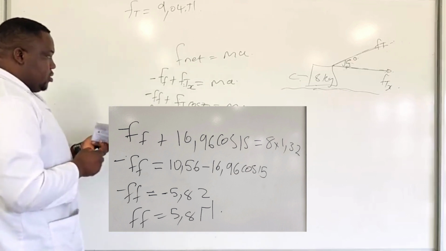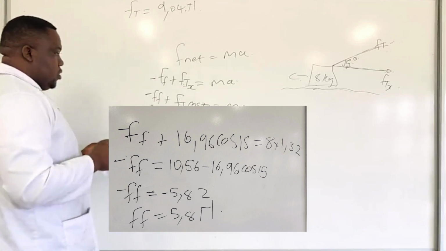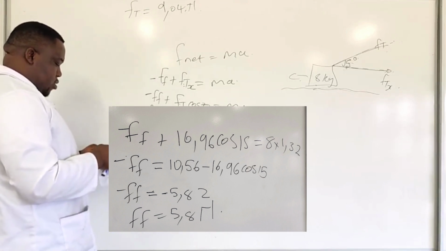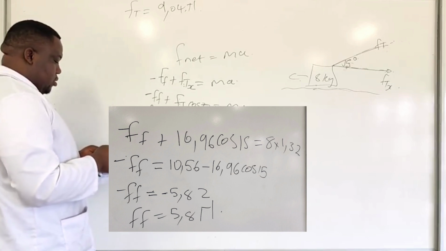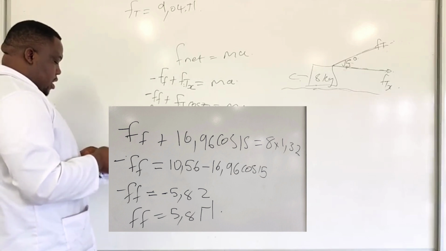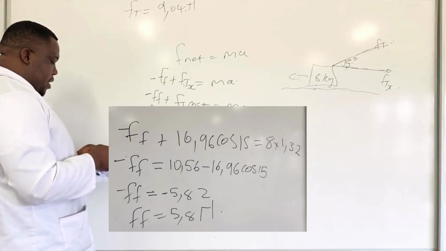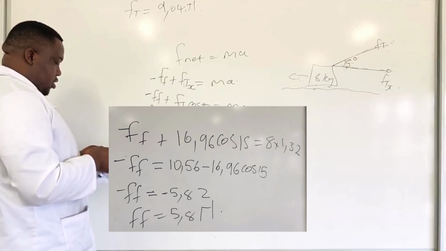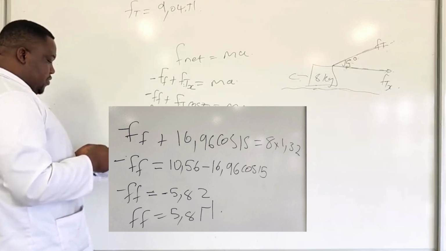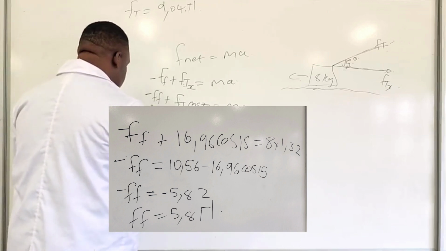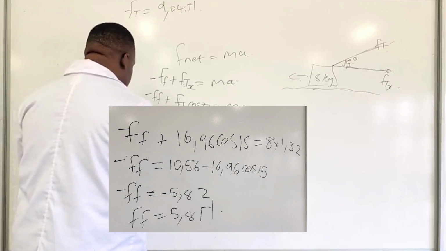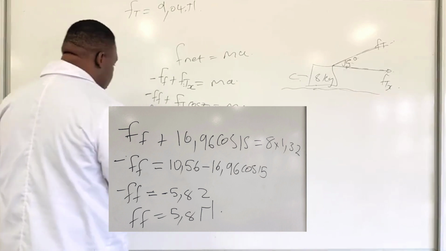You subtract it with 9.04 multiplied by cos 15, and that will give me 8.73, right?